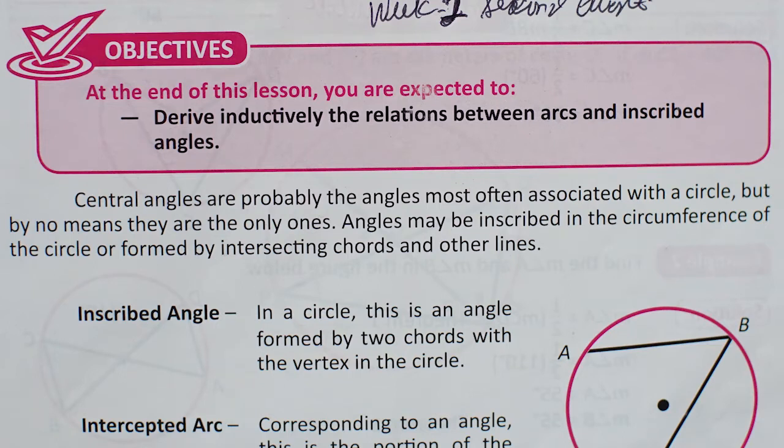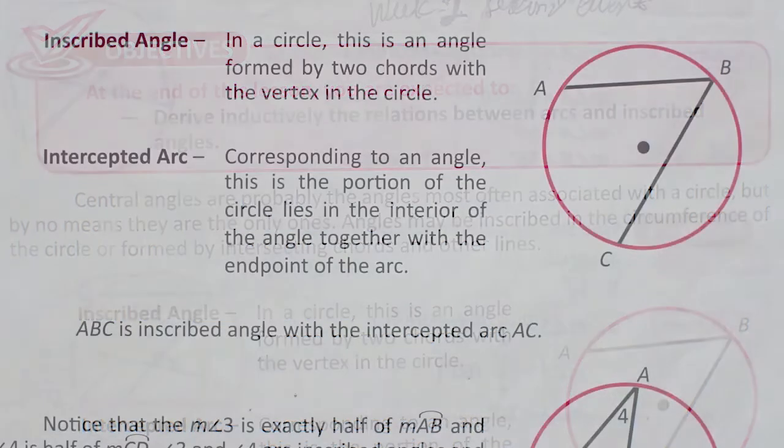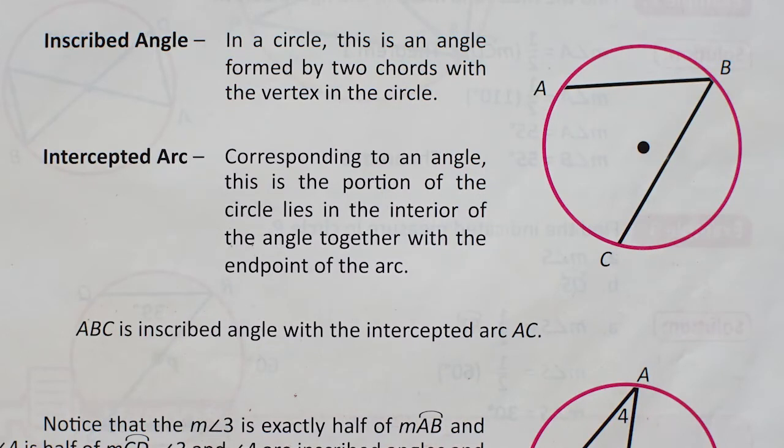Angles may be inscribed in the circumference of the circle, formed by intersecting curves and other lines. Then we have here the figure at the right. So the first figure, the first circle, is an inscribed angle.